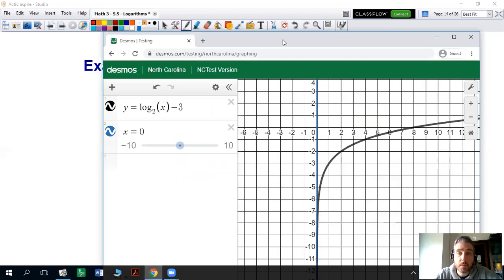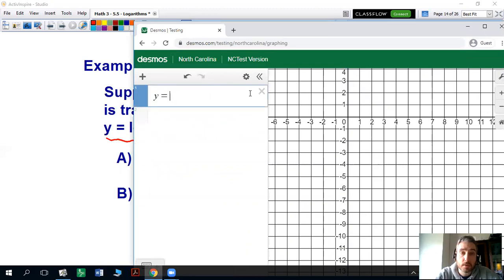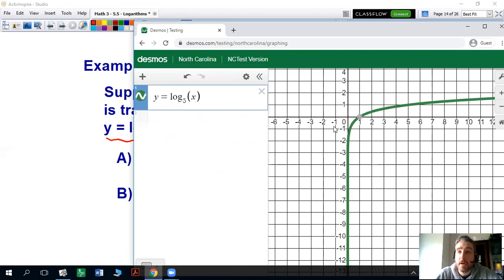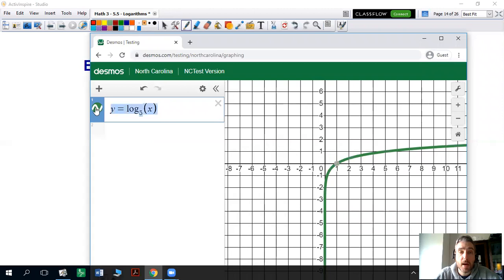What you would do is first type in y equals log base 5 of x. Get that parent function in there. And then we can move it: in the parentheses +4 and outside the parentheses -2. So I'm going to copy this because I want to keep the original function in there to compare it.